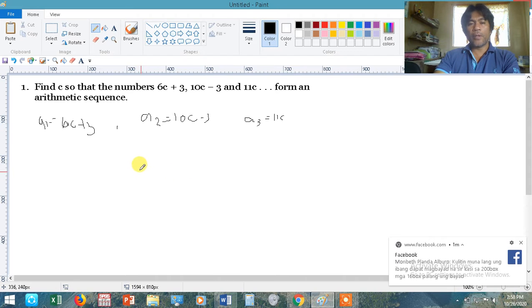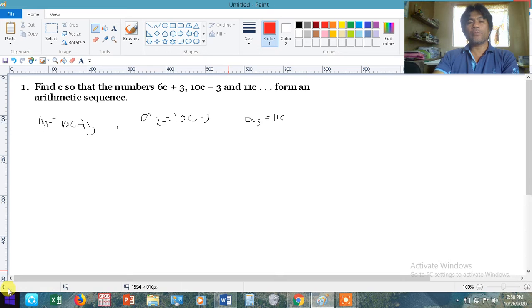Okay, so right now we will use this information in order for us to find the value of C. If we create an equation, we know that the formula would be An equals A sub 1 plus N minus 1 multiplied by D, which is the common difference.